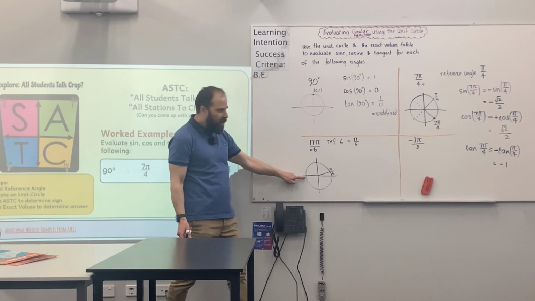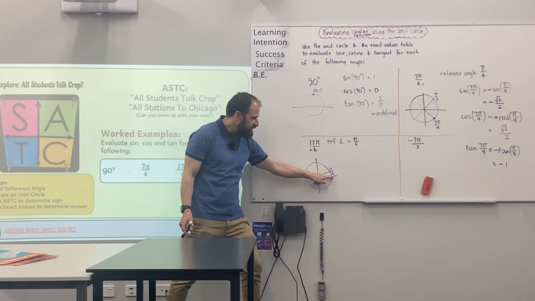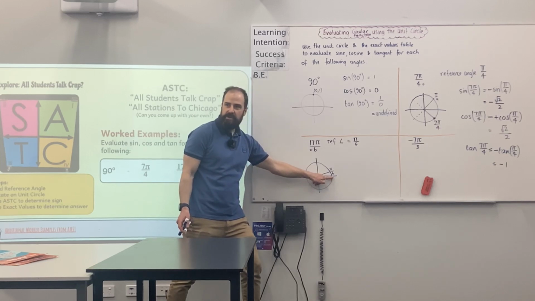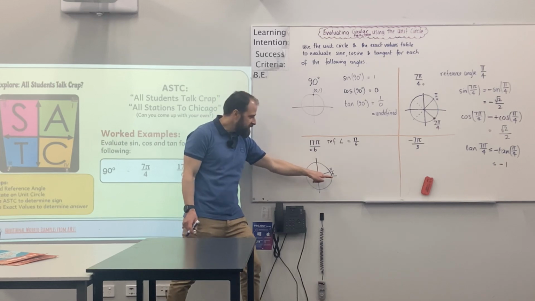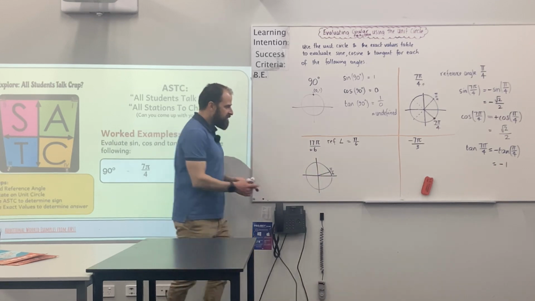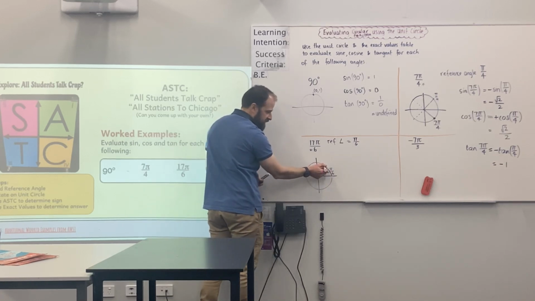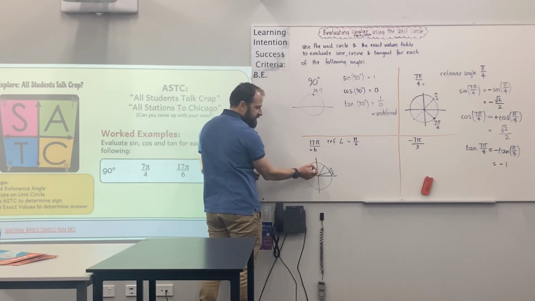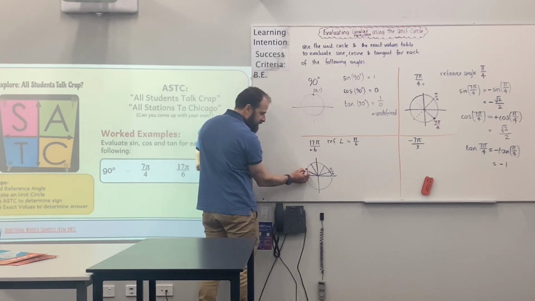We know that this is pi over here, so that would be 6 pi on 6. And we know that over here is 2 pi. So 2 lots of pi would be 12 pi on 6. And then I've got to count from there. So that would be 13 pi on 6, 14 pi on 6, 15 pi on 6, 16 pi on 6, 17 pi on 6.